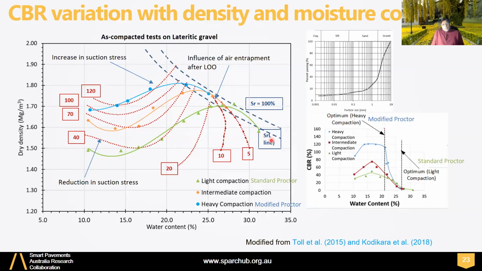So I mentioned earlier, very important when you plot your compaction curves to plot the saturated line as well as the line of optimums. Because this line of optimums is a very important line demarcating the change in behavior of compacted and UGM soils. So if you go to that side, you can expect problems.